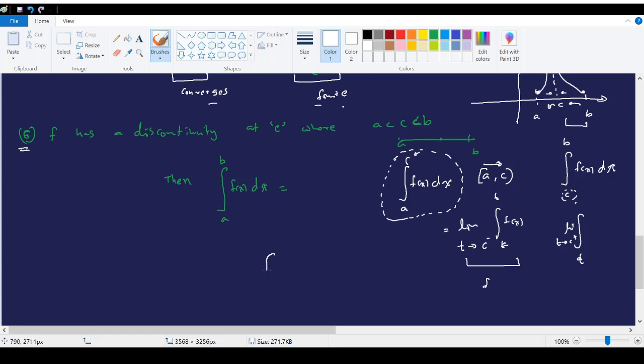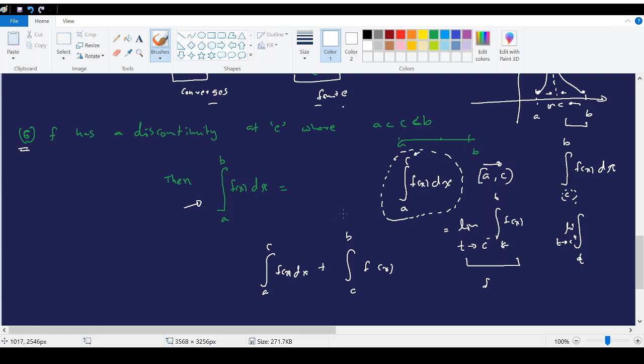And if both these integrals converge, then we can write down the integral from A to B as the addition of these two integrals, right? But if one of these two does not converge, we cannot write down this equation, okay? We had a very similar result for type 1 integrals as well.